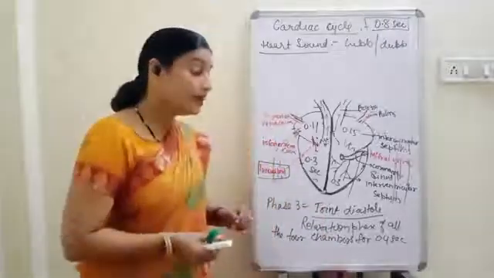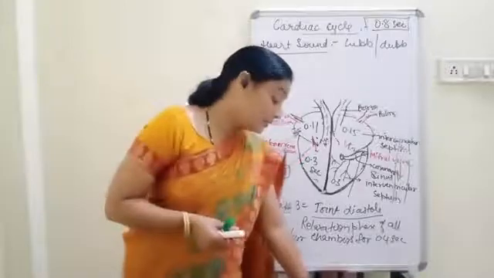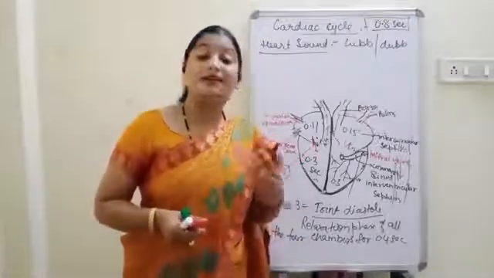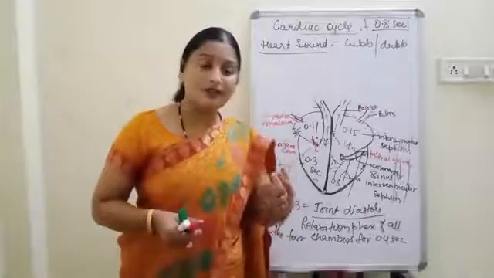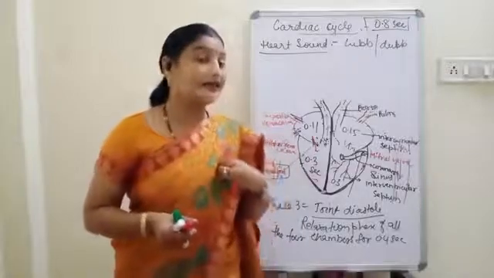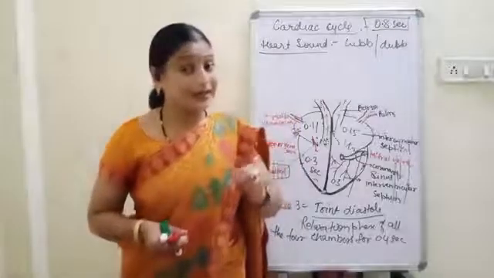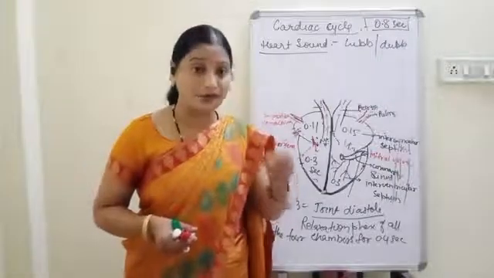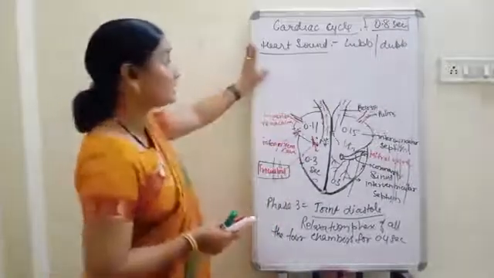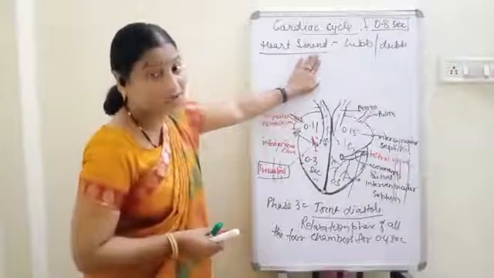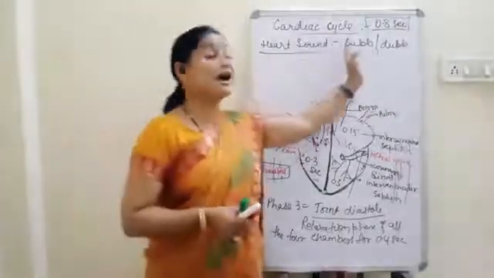Okay. Now, whenever the doctor checks our heartbeat, the doctor hears one sound, and that is called the heart sound. So, our next topic is heart sound. Now see, children, what is this heart sound?